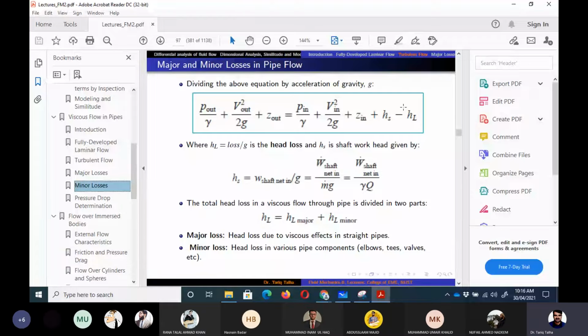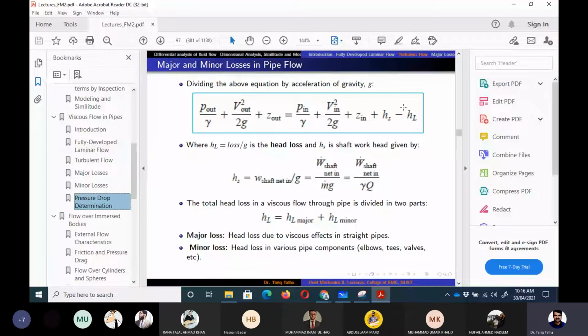Then there are minor losses, which are due to various components of piping systems like elbows, valves and bends, sudden contraction, sudden expansion, flow coming in from a reservoir, and flow going into a reservoir. So there are many types of discontinuities in a piping system.